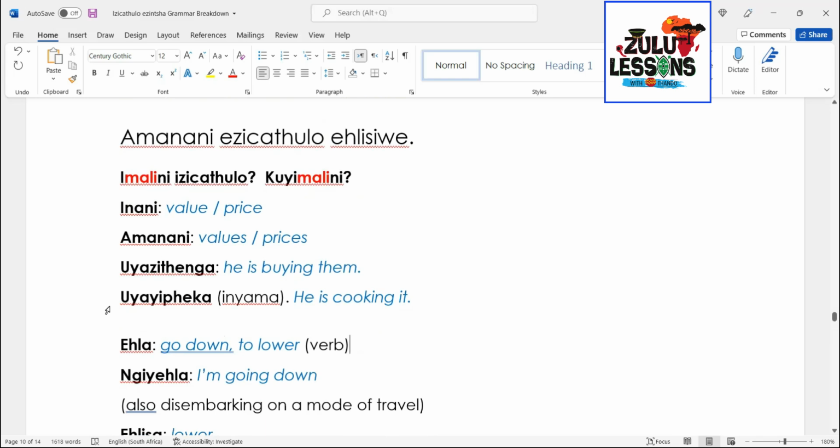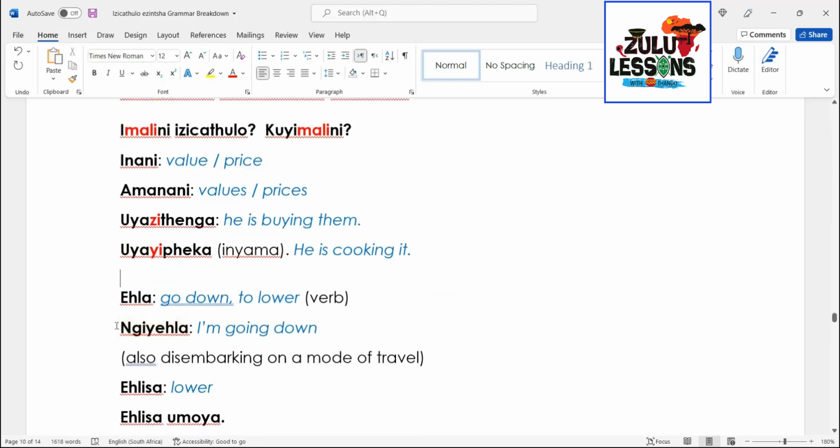Uyayipheka, he is cooking it. Do you see that? Z, that is the object concord for izicathulo. Uyayipheka, that is the object concord for inyama. So uyayipheka inyama, he's cooking it, he's cooking the meat.